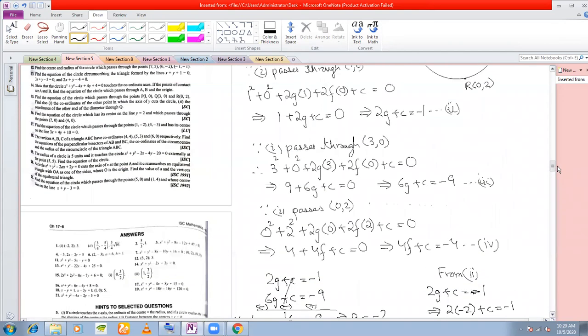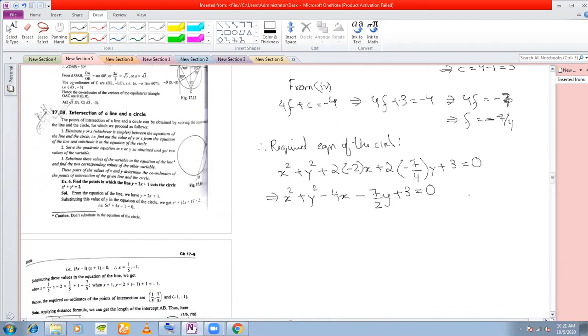We come to the next part of the question. The next part says to find the coordinates of the other point in which the axis of y cuts the circle. Where does it cut the circle? For the first part, how will you find the points where it cuts the circle? Put x is equal to 0. Call this equation number 5.